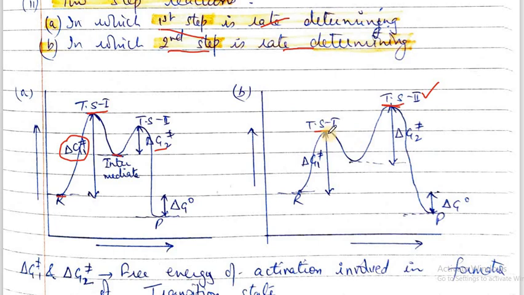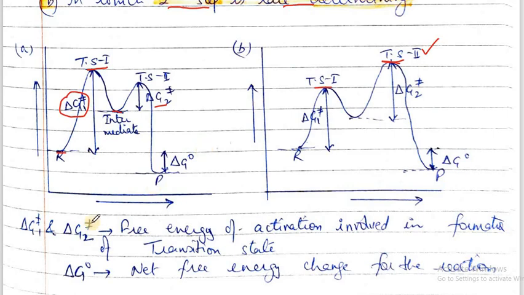So this is the rate determining step. In the first case, this height is more, that is transition state 1 requires more energy, and in the second case, the transition state 2 energy barrier requires more energy. So this is the rate determining step. So from the energy profile diagrams we can easily guess in the reaction which step will be the rate determining step.